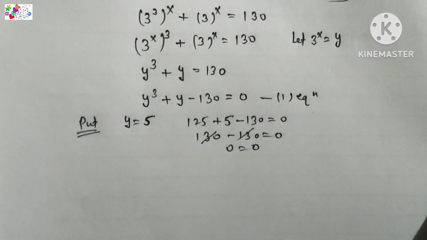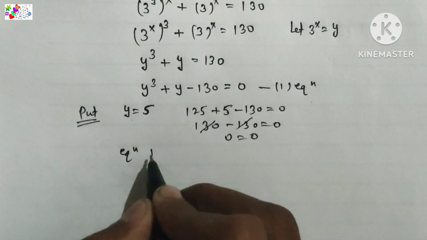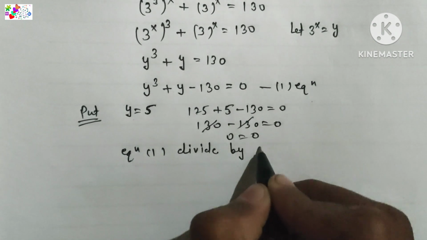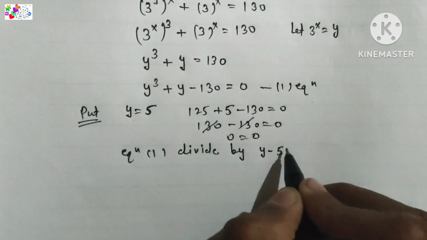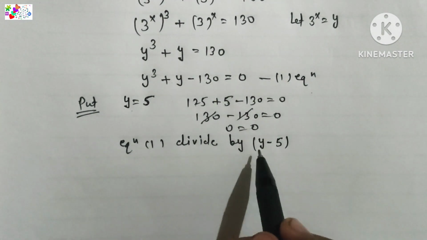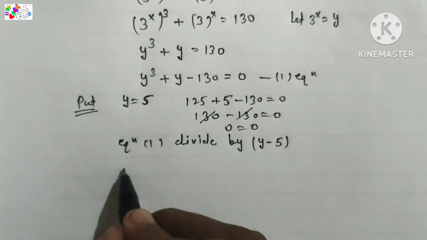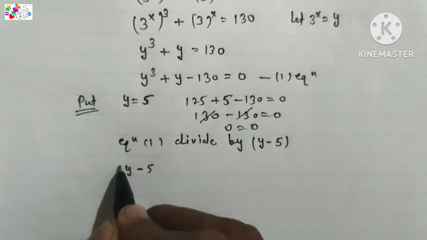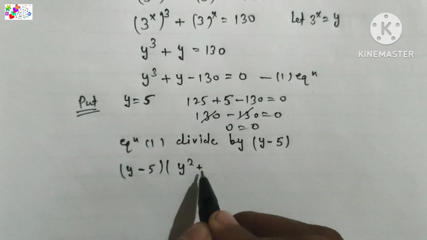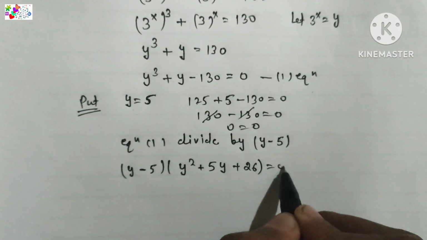So I can write here, divide the first equation by y minus 5. When I divide this equation by y minus 5, we get y square plus 5y plus 26 is equal to 0.